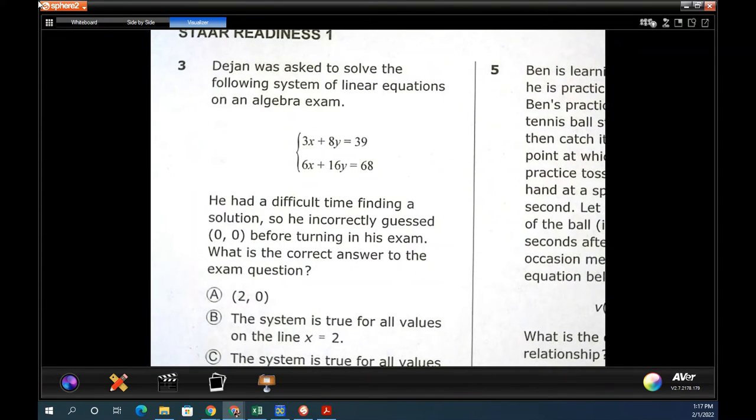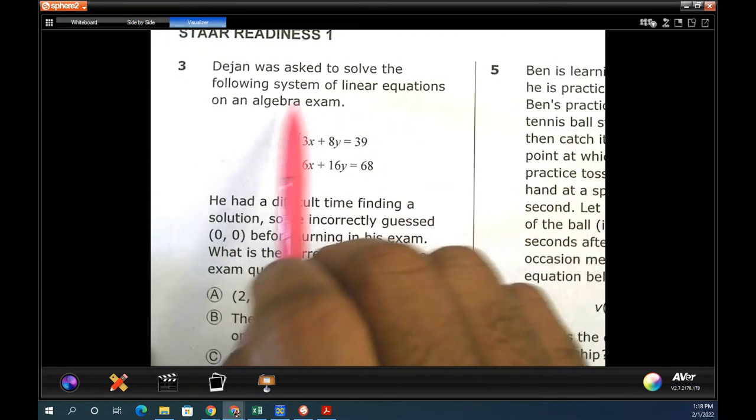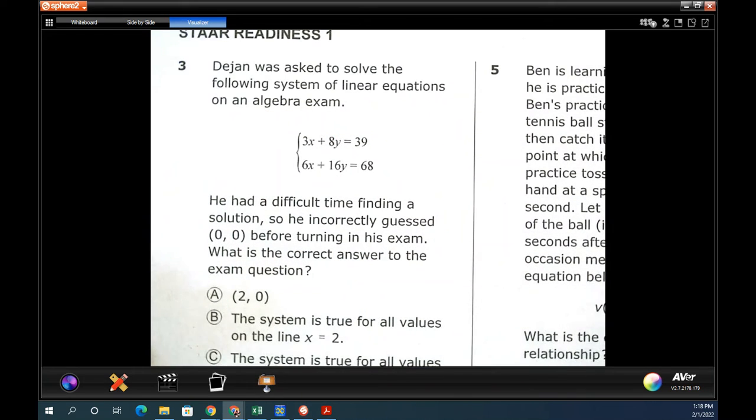Number 3 should have been gold. That one should have been, y'all should have been all over that one. Now, Dejan was asked to solve the following system of linear equations on an algebra exam.